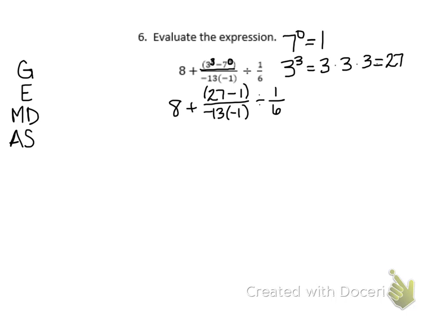Alright, so now I'm going to actually do my grouping by solving. So 8 plus 27 minus 1 is 26. Negative 13 times negative 1, remember Angry Pizza Man says a negative times a negative is going to equal a positive. So I get 13 divided by 1/6. Alright, so now I've done my grouping.